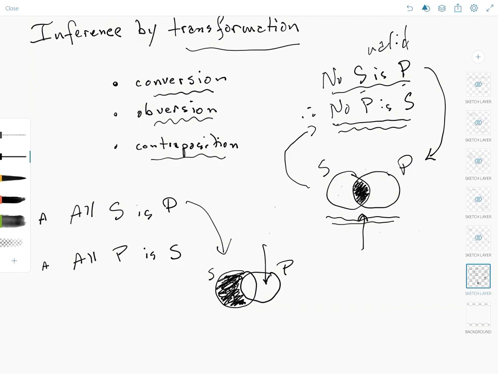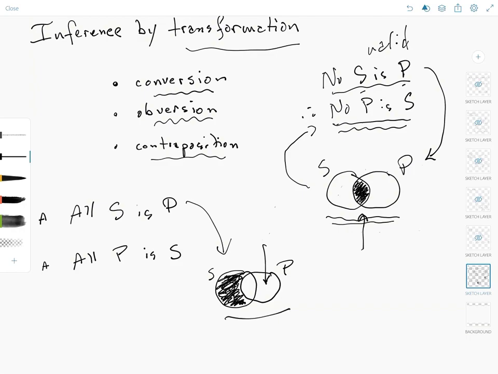And the reason is because nothing in this diagram tells us whether the region of P outside of S has to be empty. All it tells us is the region of S outside of P has to be empty. So because of the information in the premise, which is the information that counts here, if the premise were true, the only information we have to draw on is the information in the premise, assuming it's true.